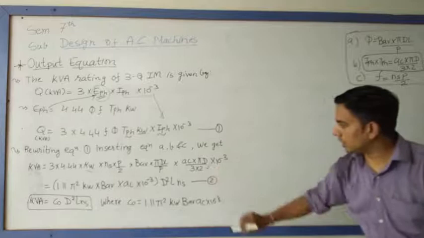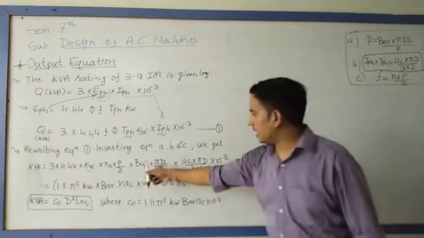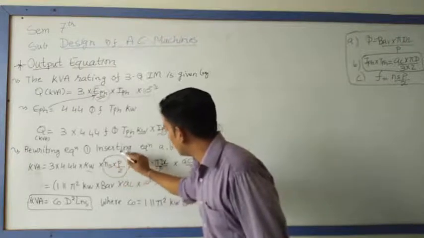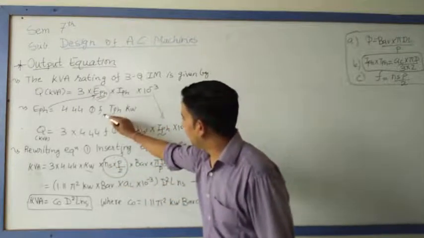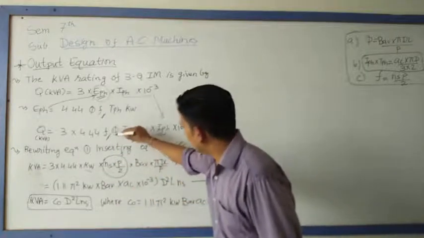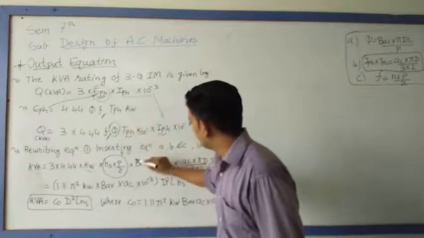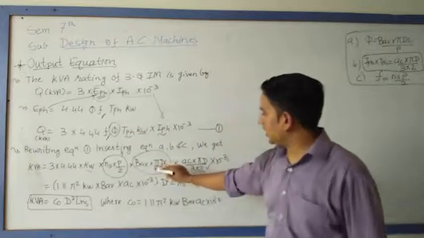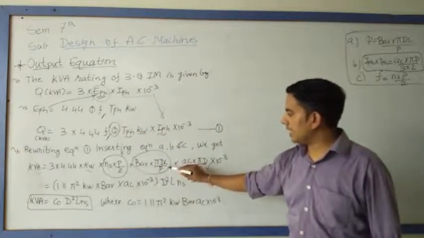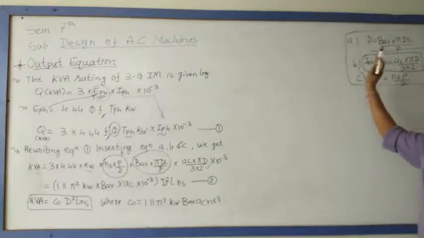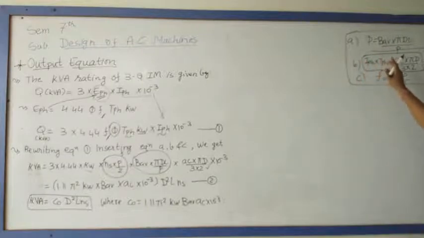We have replaced it. Second part is F. This part is replaced for F. Next part is the value of flux phi, means equation A. Flux phi is equal to BAV into pi dl divided by P. Already we have derived this equation from specific magnetic loading definition.